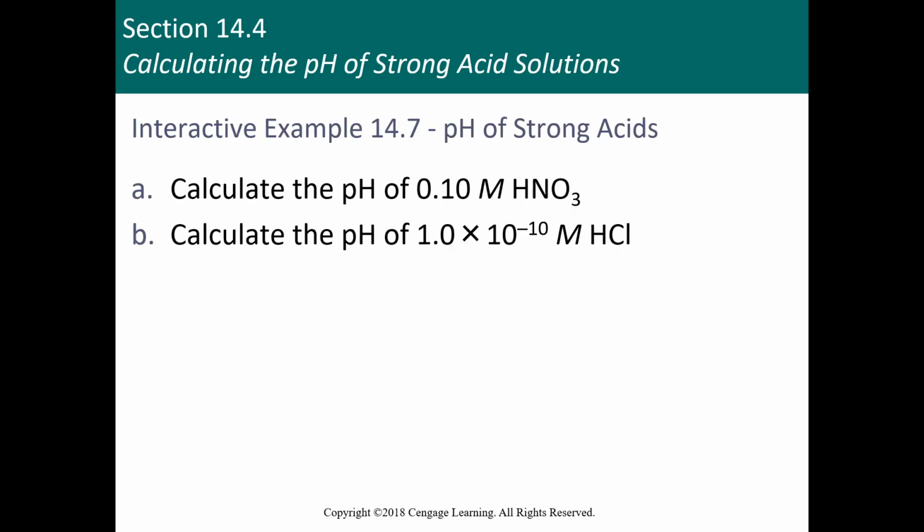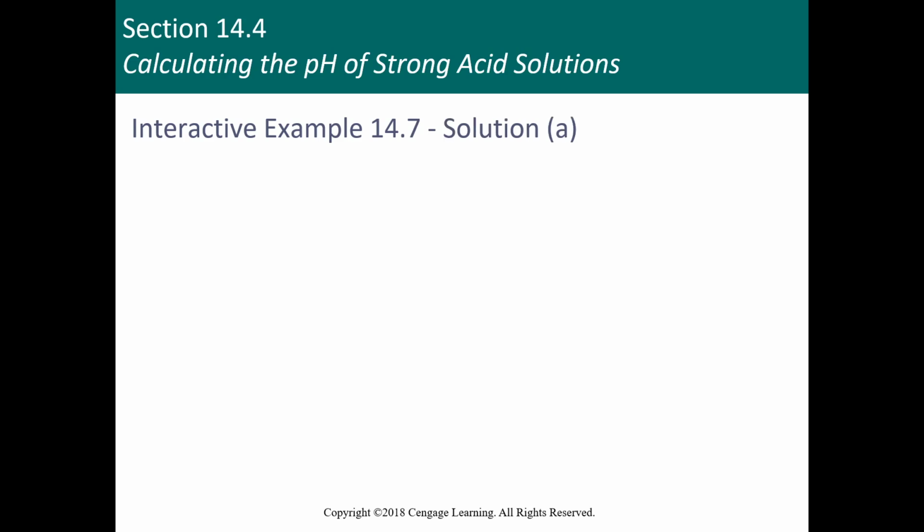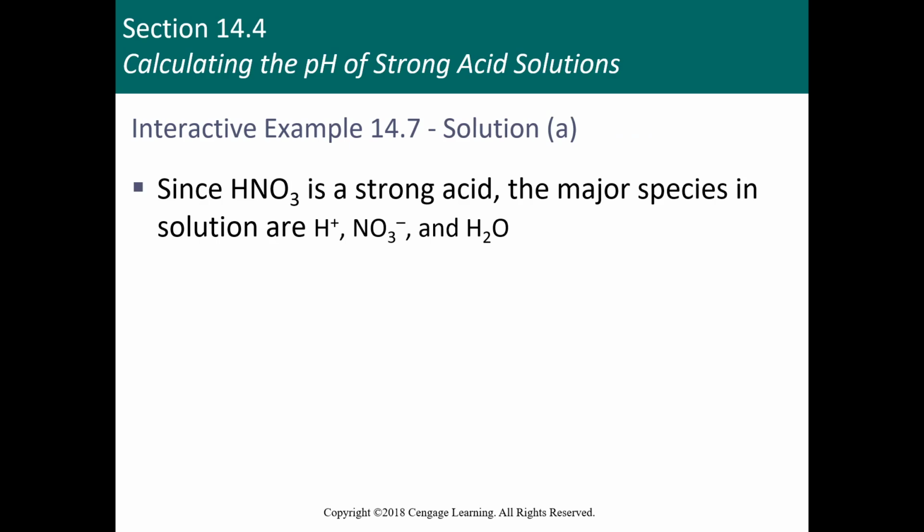All right, so the interactive example here that we're going to do, the pH of some strong acids. Let's calculate the pH of a 0.1 molarity HNO3, and we'll calculate the pH of 10 to the negative 10 molarity HCl. All right, so right here we have HNO3, that's a strong acid.